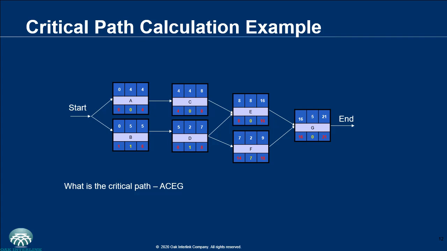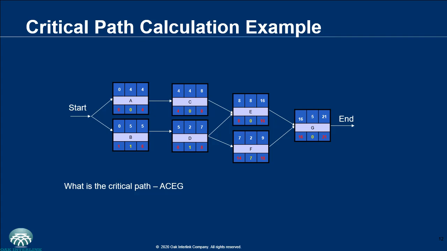So it's 8 there, and then only E inputs into C, so it becomes 8 as well. 8 minus 4 for C gives you 4 for the late start for C. 8 minus 2 for D gives you 6. And then you go on from D to B: the late start for D becomes the late finish for B, which is 6.